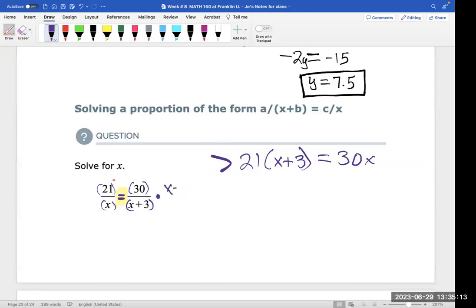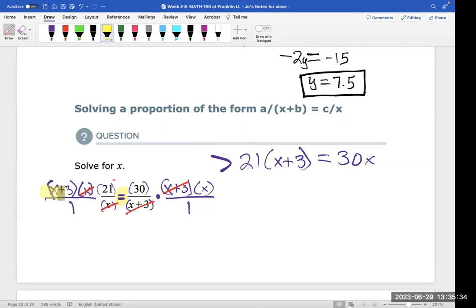I'm multiplying both sides by the same thing. I'm multiplying both sides by x plus 3 times x. That's what I'm really doing. That's why those go away, this goes away.